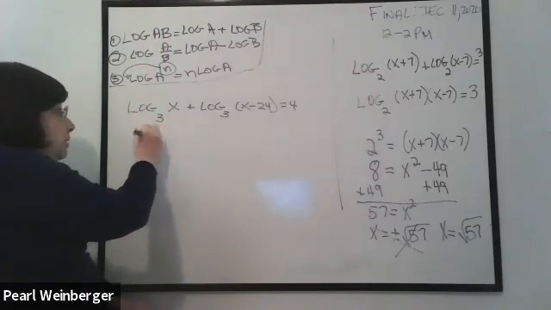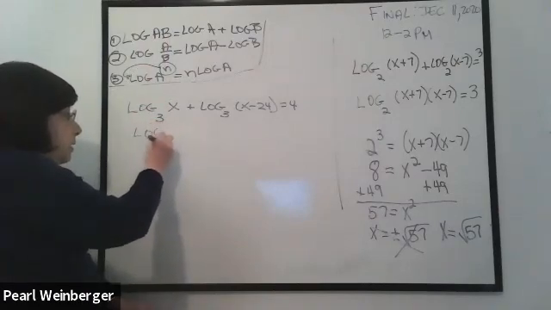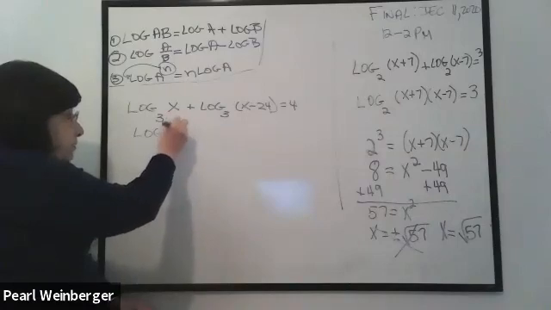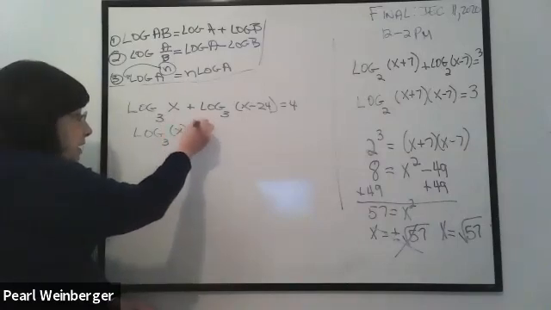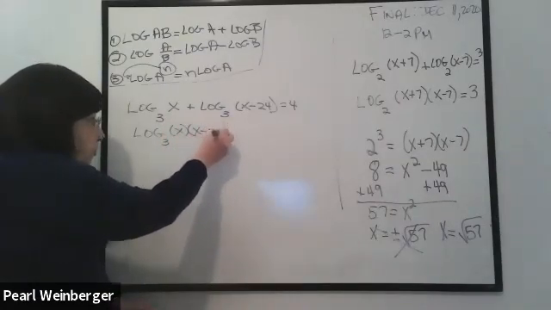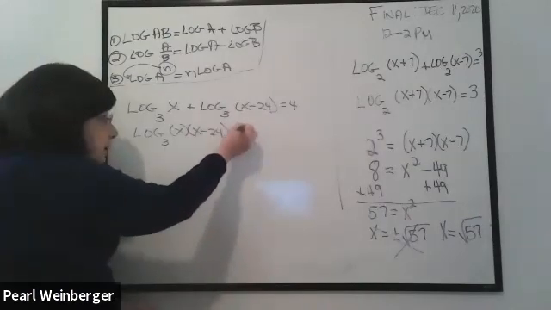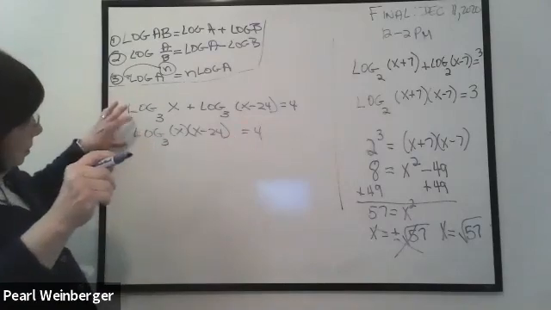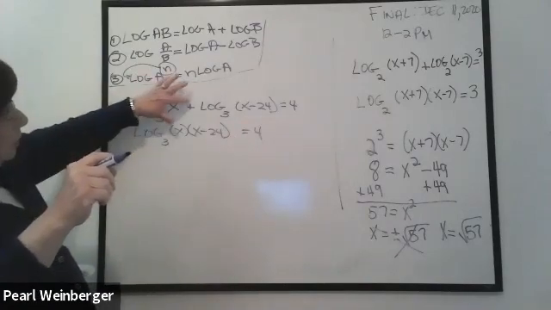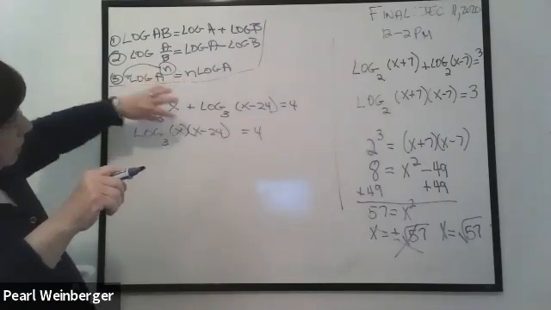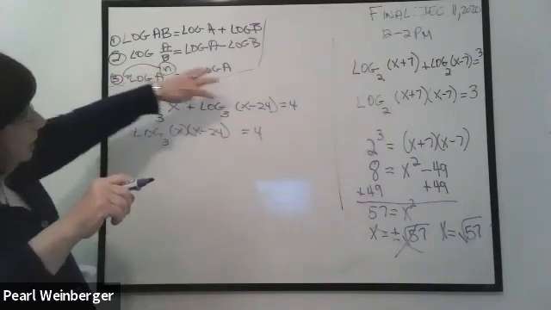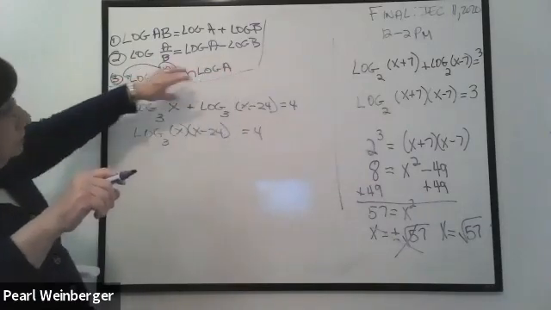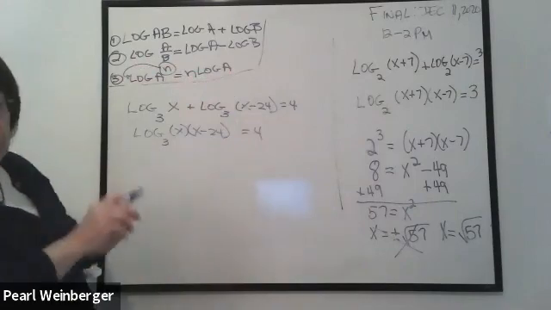So this becomes log base 3 of x times x minus 24 equals 4. Where there's a plus between the logs, I multiply the expressions and make it into a single log.